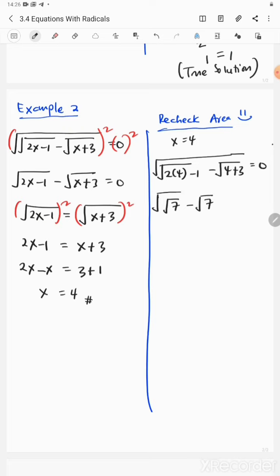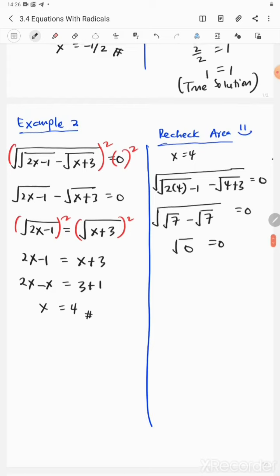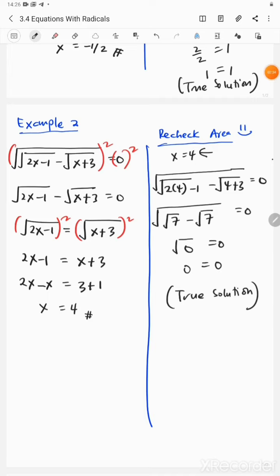So square root 7 minus square root 7, we get 0. So square root 0, we get 0. So this is 0 equal to 0, means this is a true solution. Why do we call it true? Because when we substitute the x value, we get 0 equal to 0. Okay, thank you. So I hope you understand.